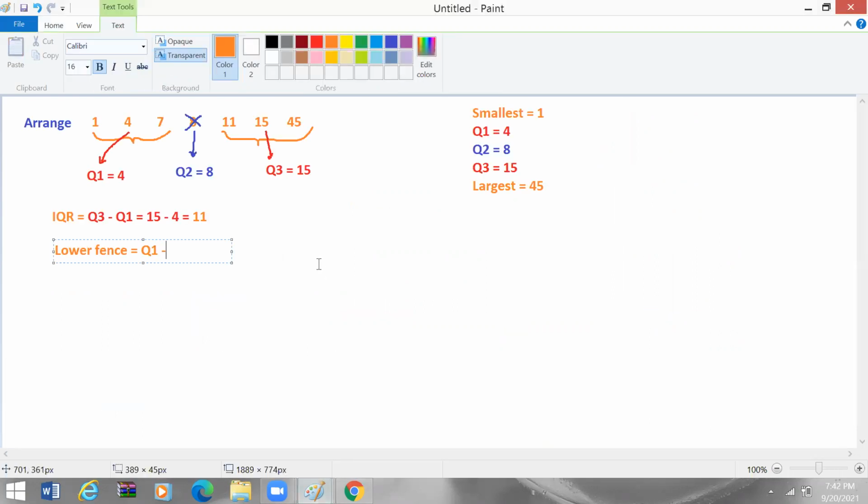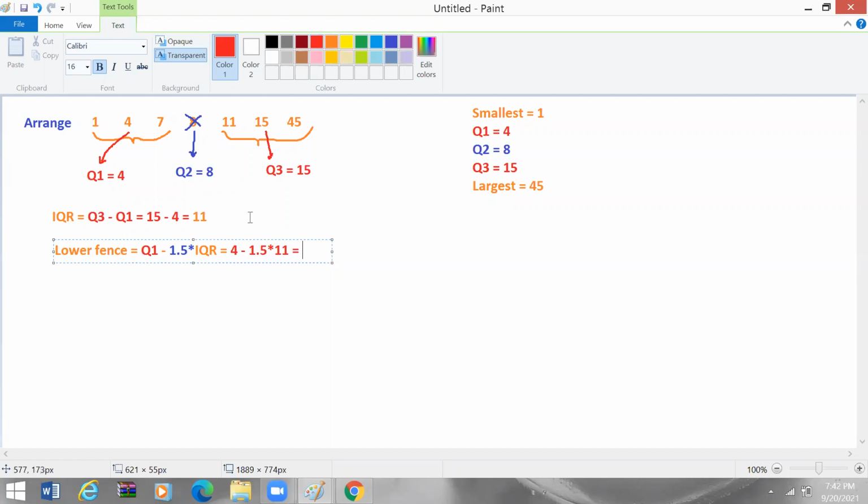So let's take one example for that. Let me just finish this real quick. I'm going to take Q1 minus 1.5 times the IQR. The Q1 is 4 and minus 1.5 times 11.